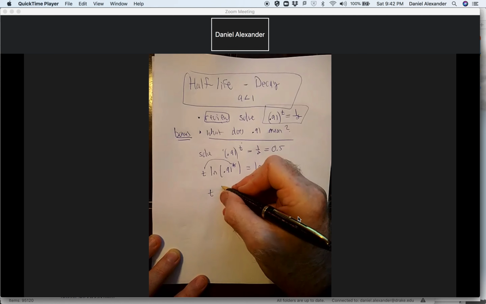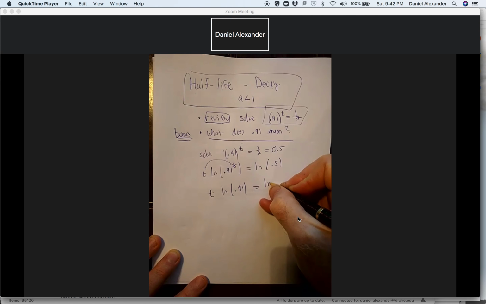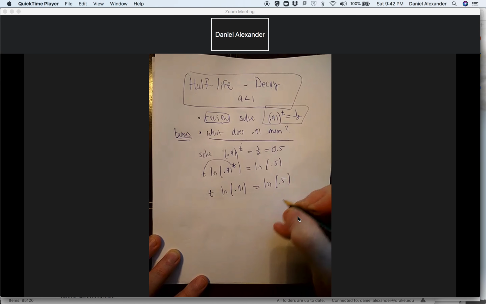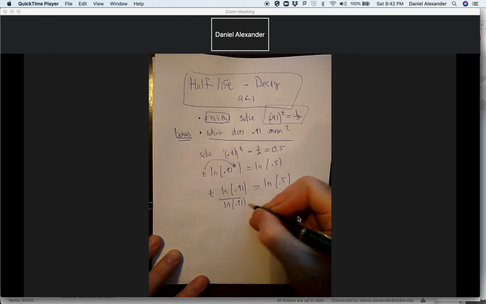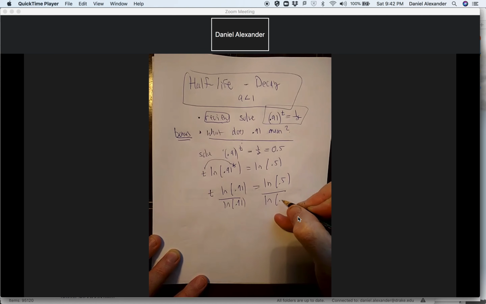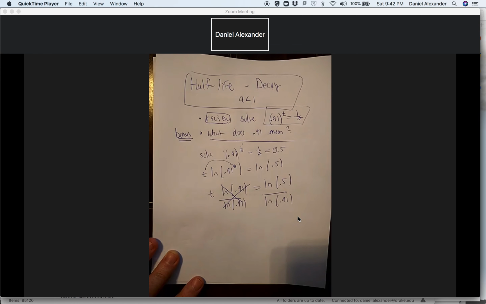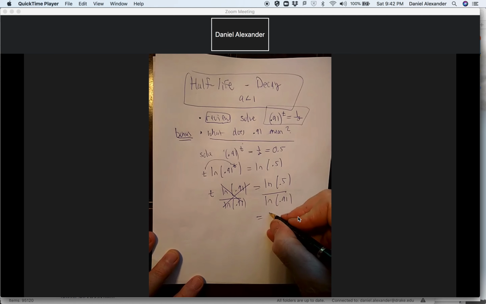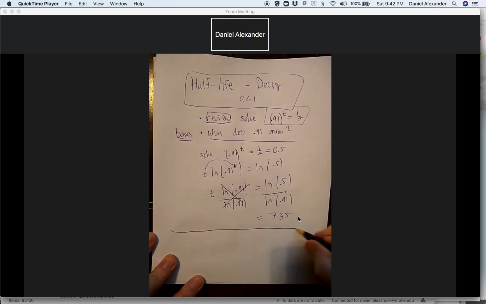So I have t natural log 0.91 equals natural log 0.5. Divide both sides by natural log 0.91. That gets canceled out. And then my answer is going to be 7.35 when I round. Okay, now that's an example.